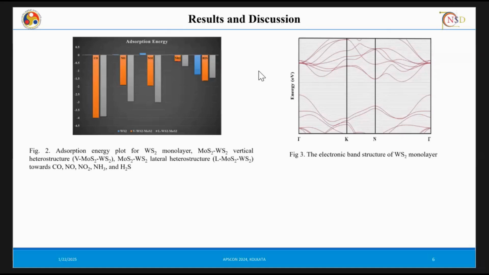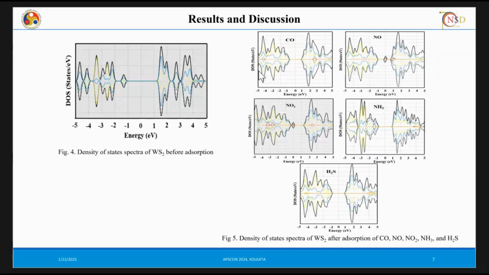Here we have observed that WS2 is semiconducting in nature and is a direct band gap material. Next, we tried to identify the density of state spectra, which is generally a wide spectrum, but only the bands close to the Fermi level are important in identifying the interaction.